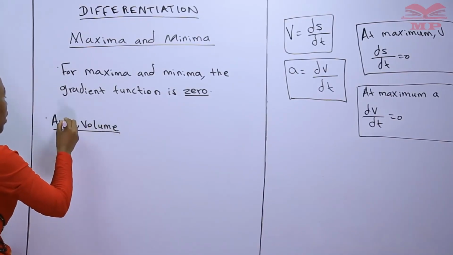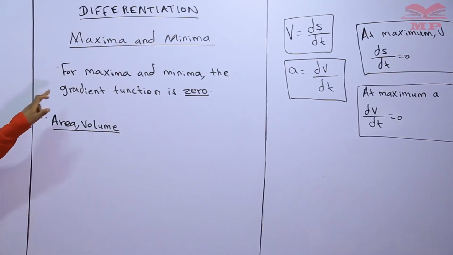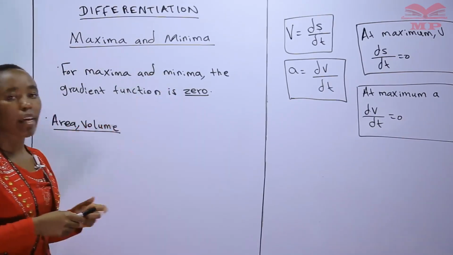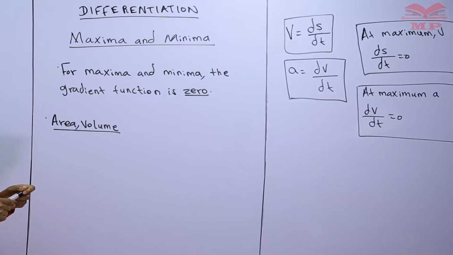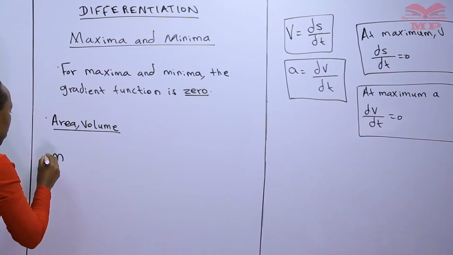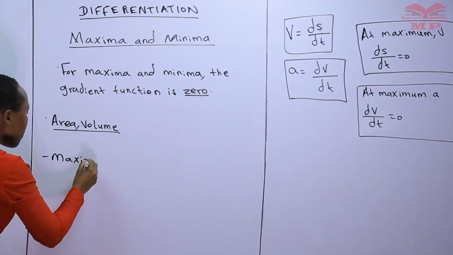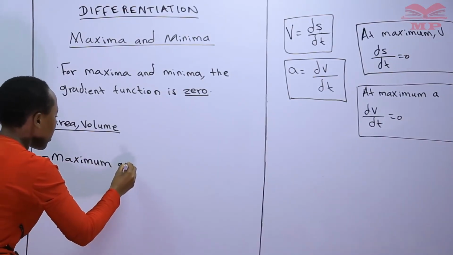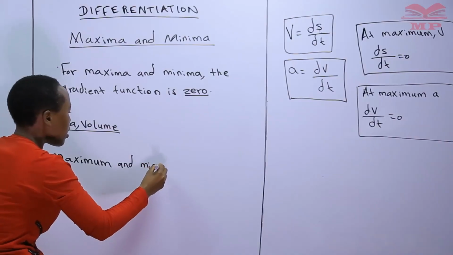So for maximum area, the gradient function is 0, or the equation that will give us the area is equal to 0. And either for maxima or minima, the gradient function is 0. Because remember we said maximum and minimum points are turning points.